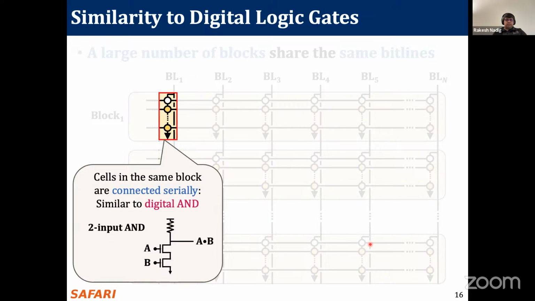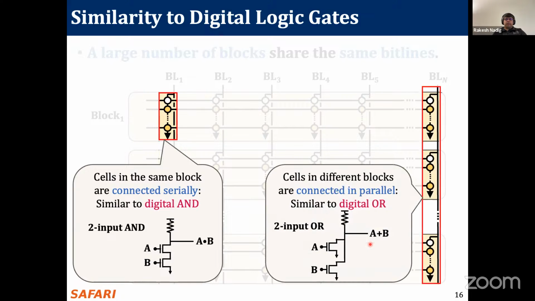So this is one principle that we use for designing the MWS operation. And we also look at the cells connected in different blocks. These are connected in parallel because the NAND strings are unique to each block, and this is very similar to the two-input OR logic. We also use this for performing the OR operation.